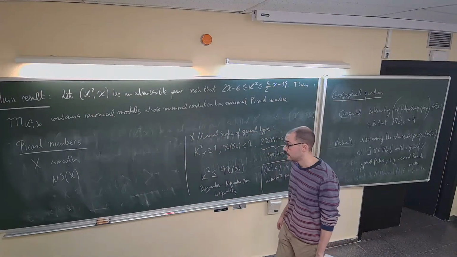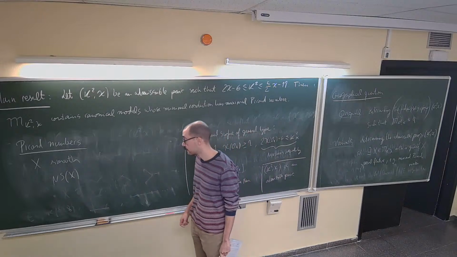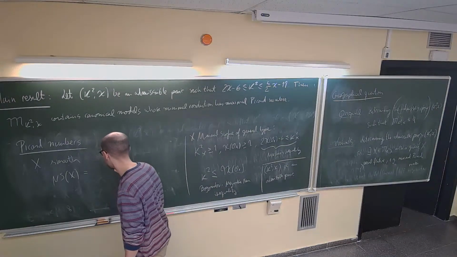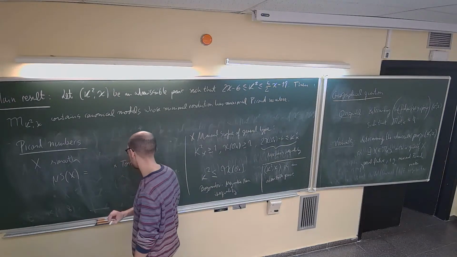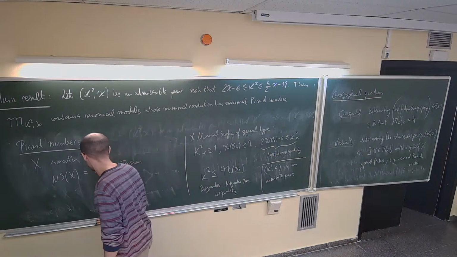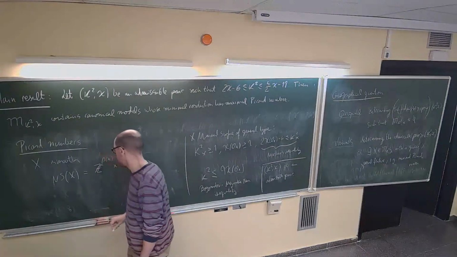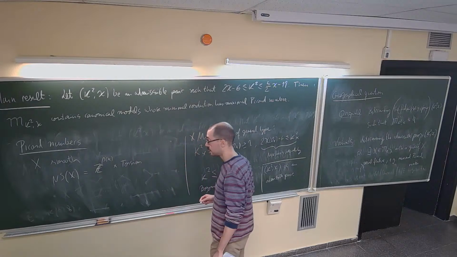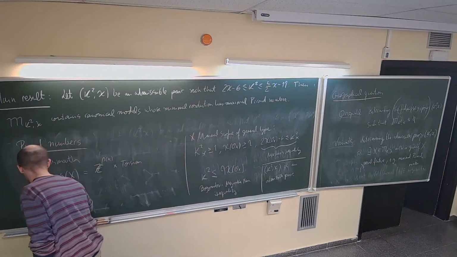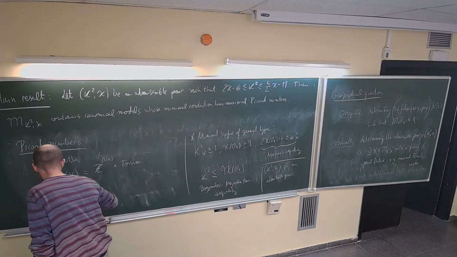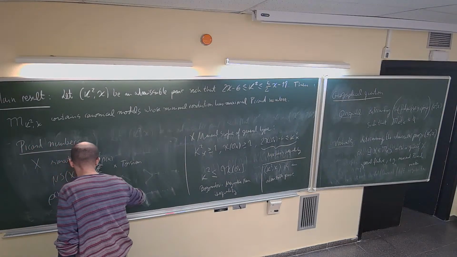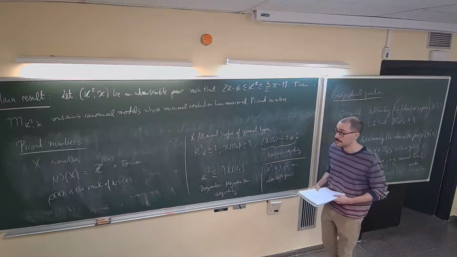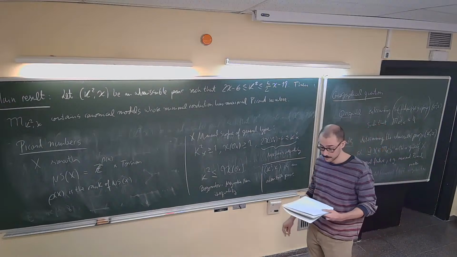It is a finitely generated abelian group, and therefore it has a torsion part and a non-torsion part. The Picard number of X is precisely the rank of this finitely generated abelian group. So this is the definition of the Picard number of an algebraic surface.